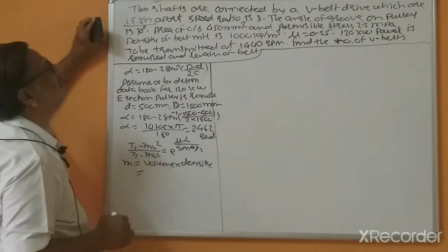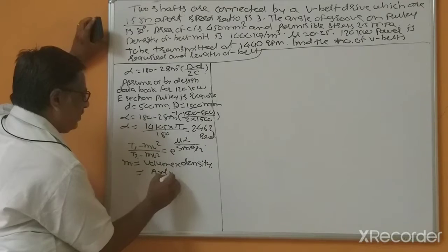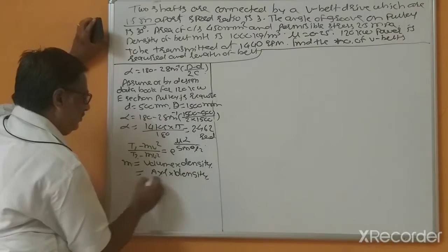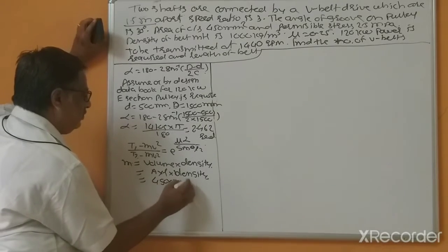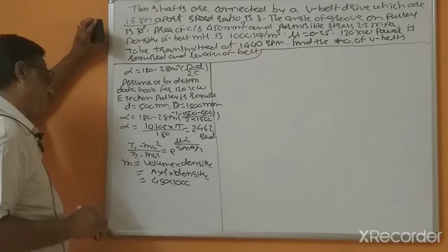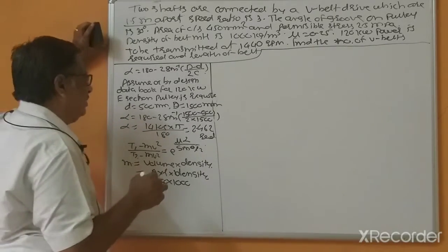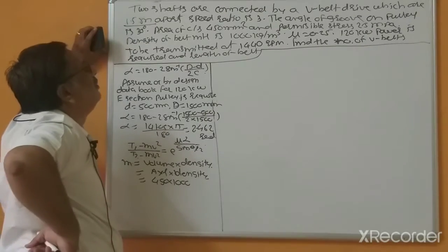Volume equal to area of cross section into length. Area equal to 450 mm square, length equal to 1000 mm, and density in kg per meter cube.